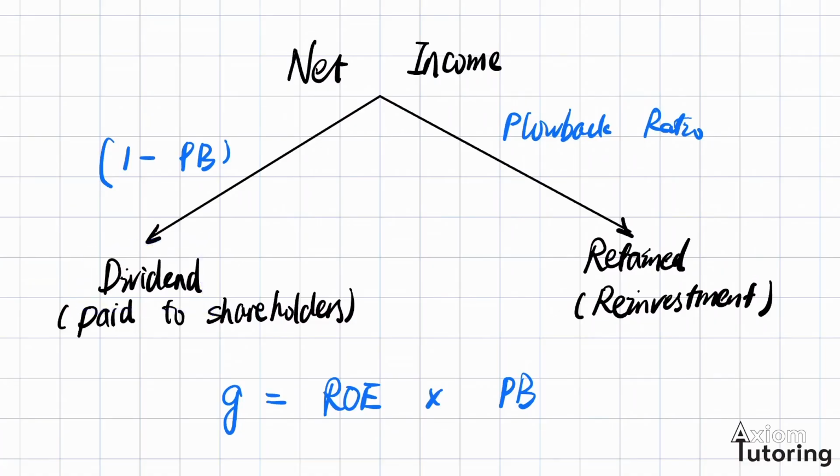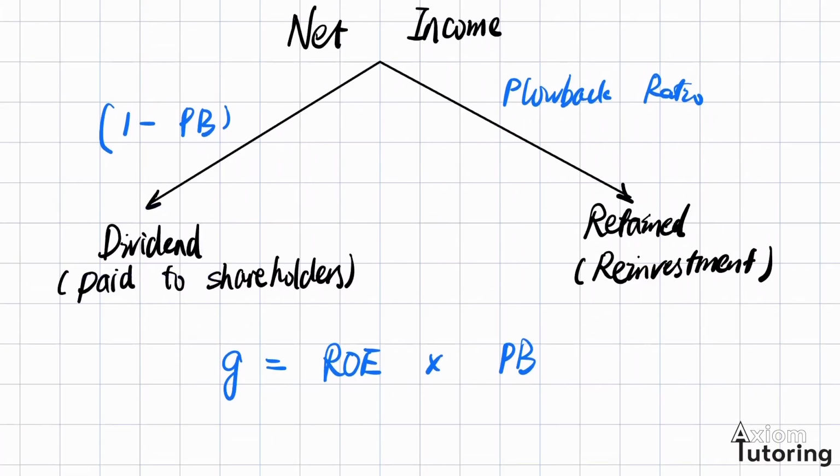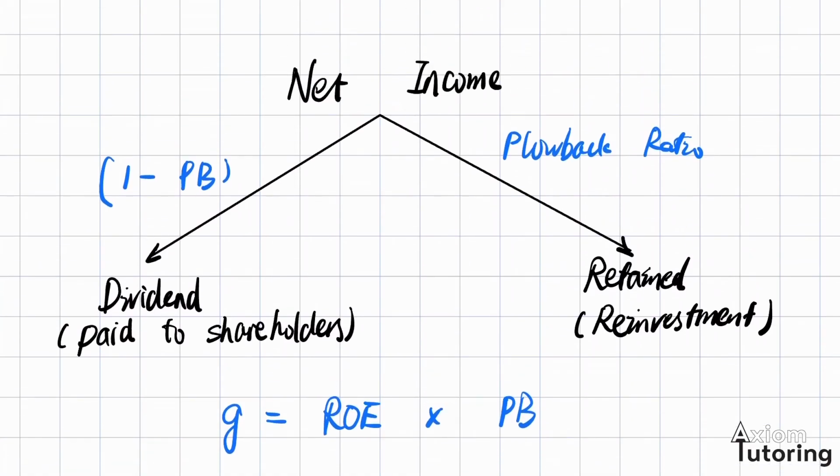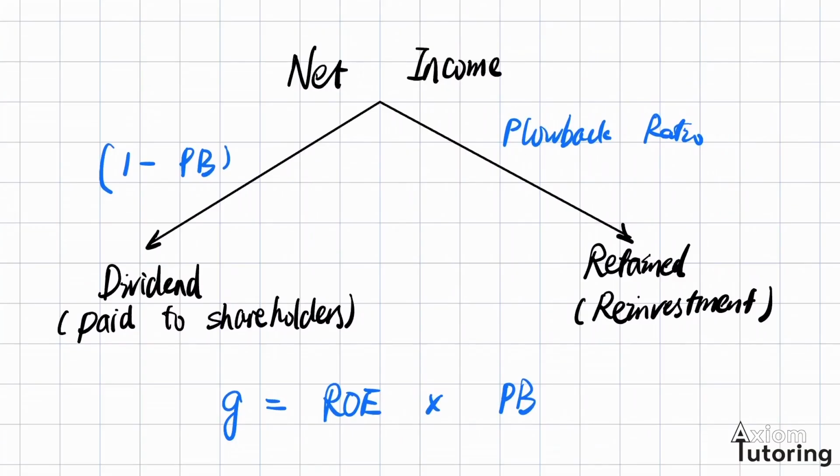If the firm grows at a constant rate and the ROE stays the same, then the dividend would also grow at that rate. So you should be able to know that the growth of a company comes from the plowback of its earnings. I'll see you in the next video.